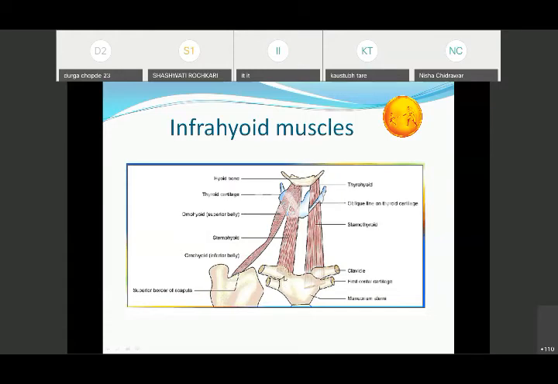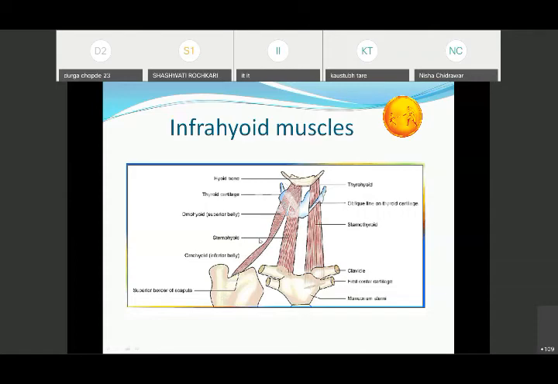Sternohyoid, from sternum to the hyoid bone. Then the third muscle will be the sternothyroid, from sternum to the thyroid cartilage. Then thyrohyoid. It is easy to remember if you remember the names of the bones.